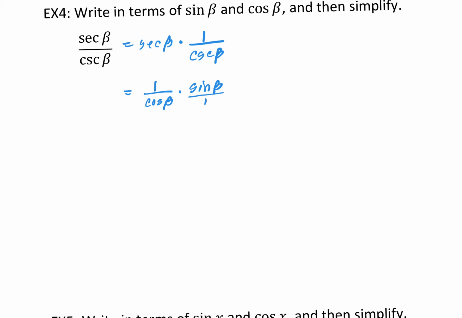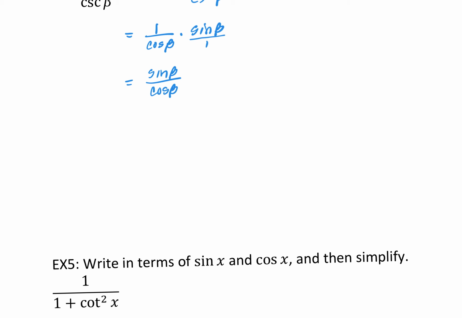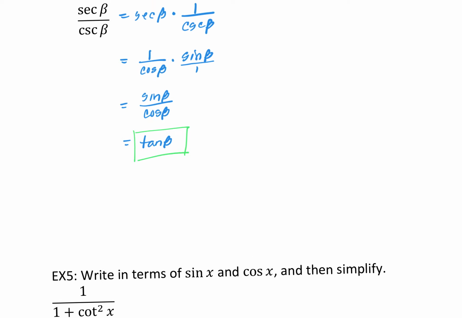So now you can see all I have to do is multiply in the numerator and the denominator. And I've written it in terms of sine and cosine, but it's still not simplified. I could write this with less symbols by changing sine over cosine into tangent of beta. So that's a simpler form.